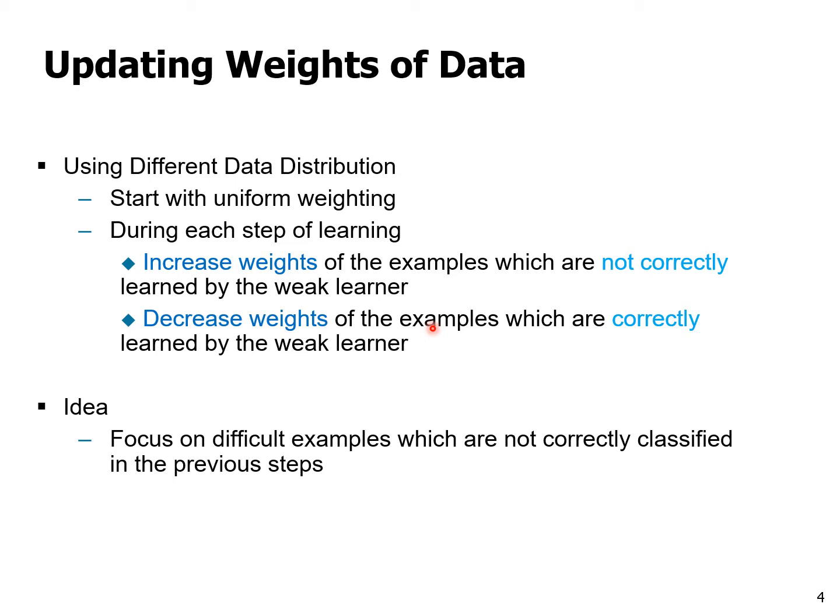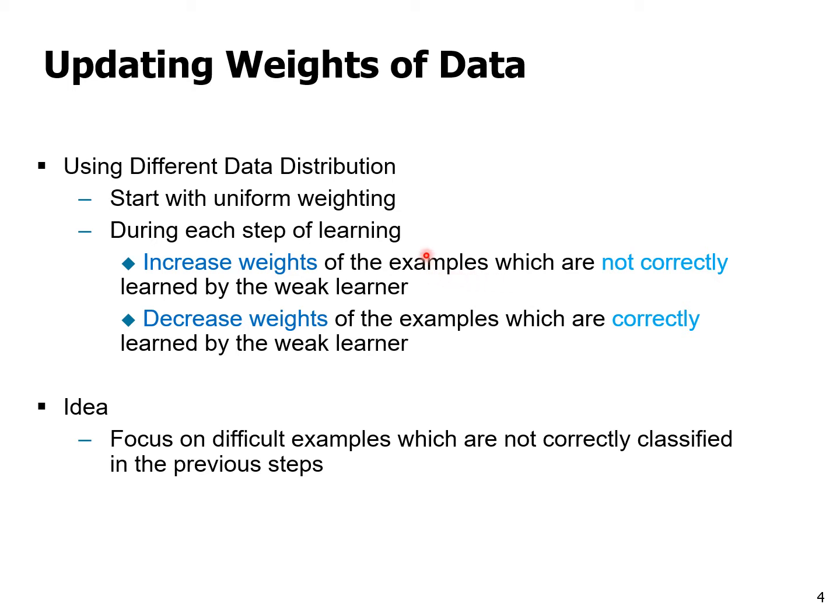So increasing the weight value here means that in the next round, this example will probably be selected. Decreasing this weight means this example is less likely to be selected in the next sample. So it makes sense.